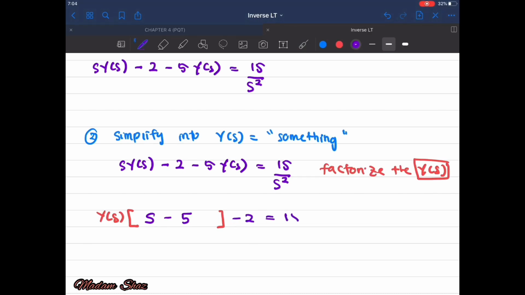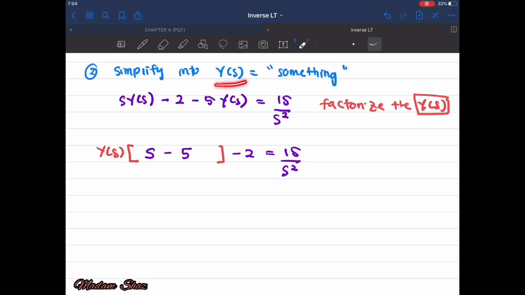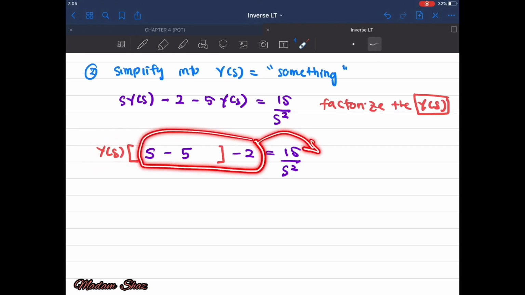Is equal to 15 over s to the power of 2. So we want to make sure that only Y(s) is on the left hand side. The rest you have to bring to the right hand side. On the left hand side now, we have Y(s) multiplied by s minus 5, minus 2.